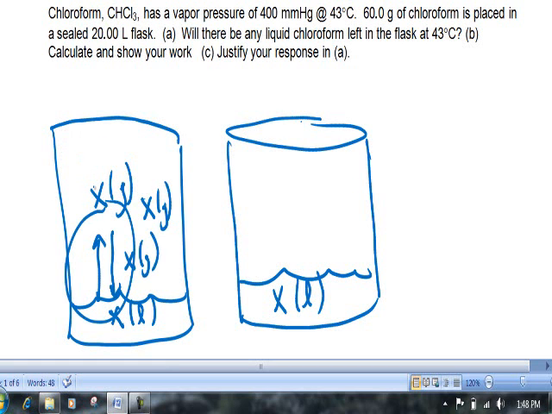For this to occur, there has to be more than sufficient liquid to evaporate and become gaseous, leaving some liquid behind once the vapor pressure is established. Otherwise, we can't have an equilibrium.